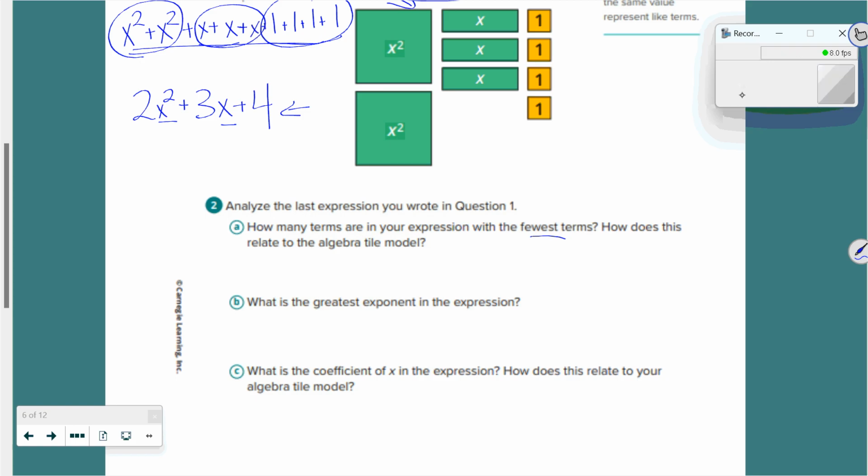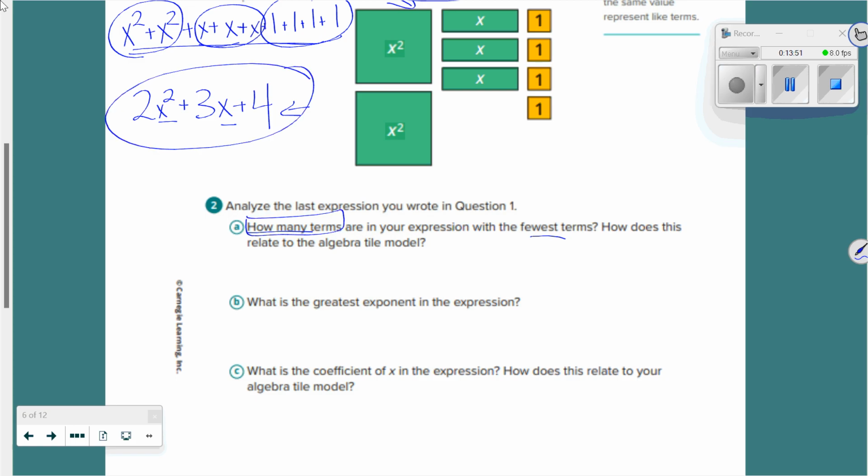Go. Okay, how many terms are in your expression with the fewest? In other words, this one, how many terms are there? 3. There are 3 terms. How does this relate to the algebra tile model? How does that relate to the tiles?